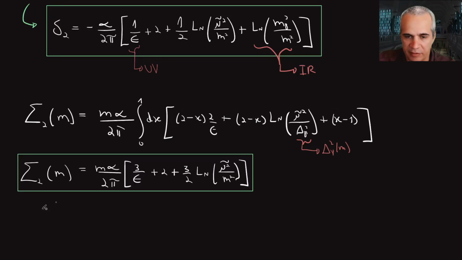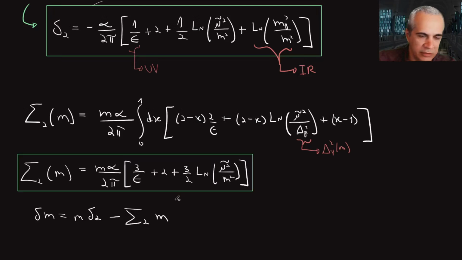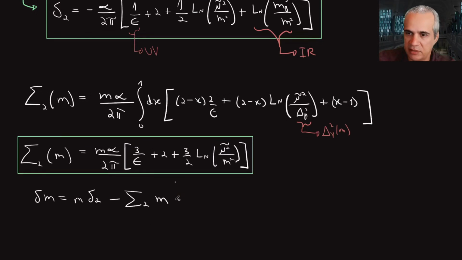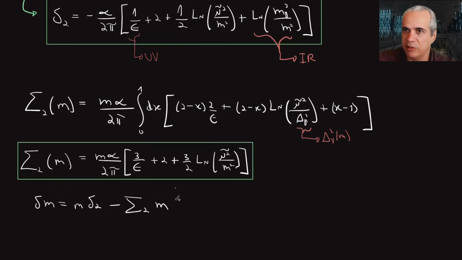It's a simple matter of calculating delta m, which is given by m delta 2 minus sigma 2 m. So I just have to take this expression up here, multiply by m, and then subtract this one, which is pretty easy. There will be some cancellations between those logs, and delta m will be just minus m alpha over 2 pi, because I have this common factor on both of them.